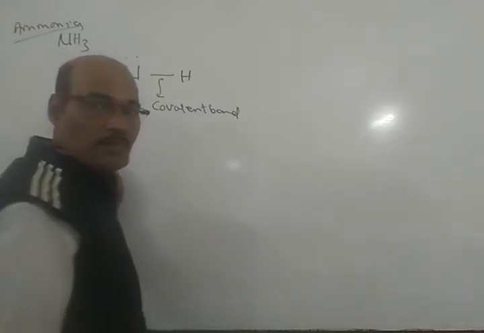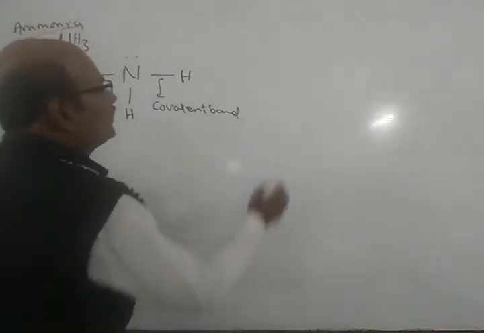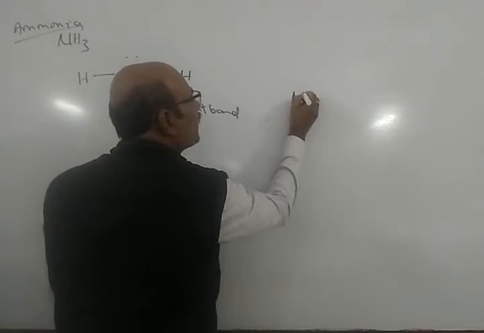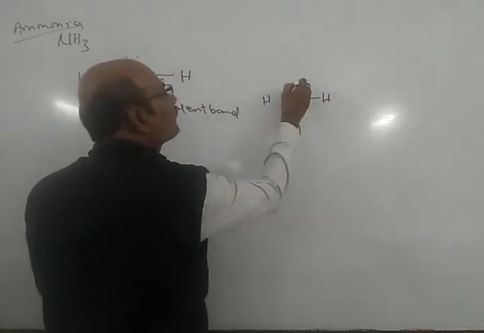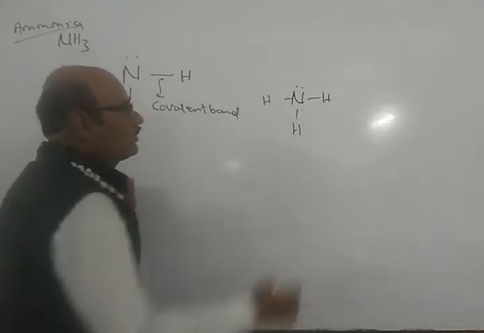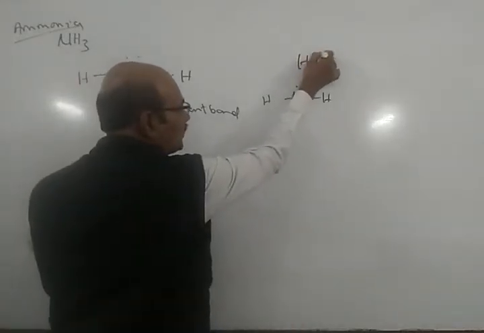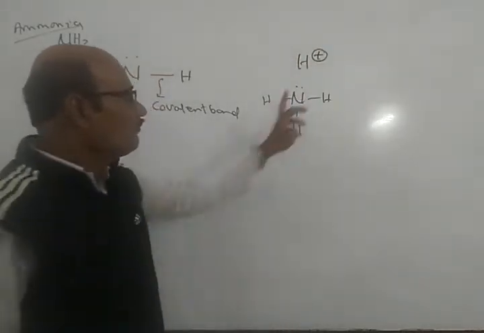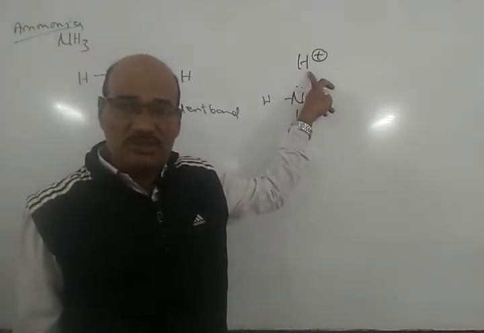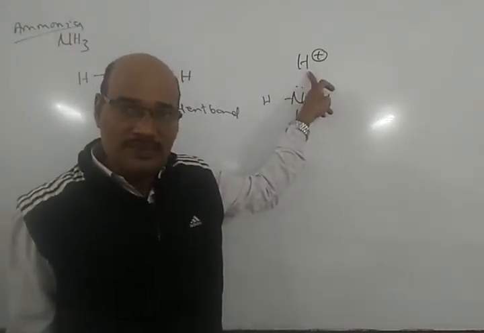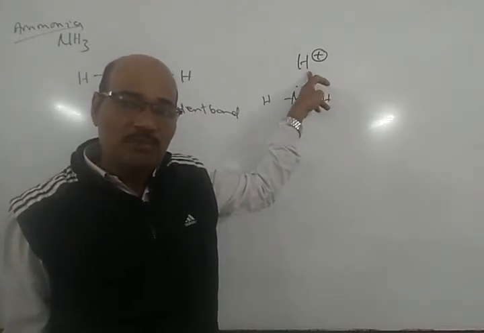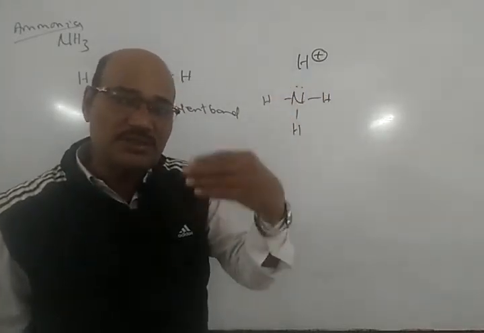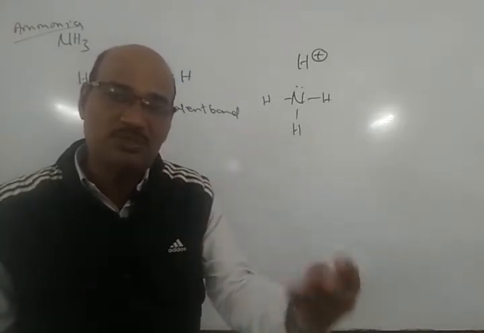Now, again in this case, if I have NH3 and again I have an H plus here. Now, this H plus has no electrons, because the hydrogen atom contains one electron, and when it gives its 1 electron to another, it becomes H plus.